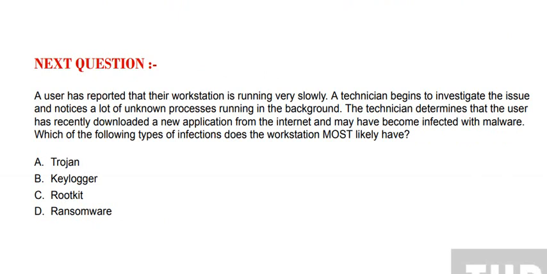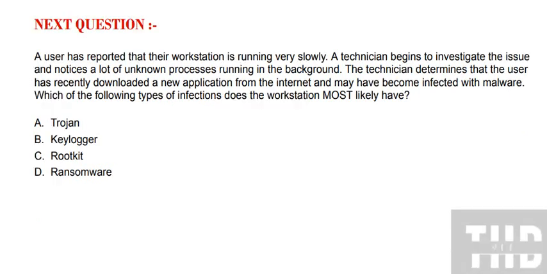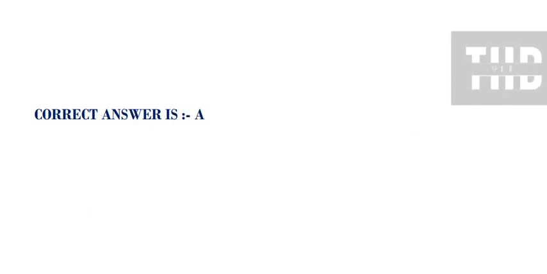Which of the following types of infection does the workstation most likely have? And the options are option A, Trojan, option B, keylogger, option C, rootkit, and option D, ransomware. The correct option is option A.